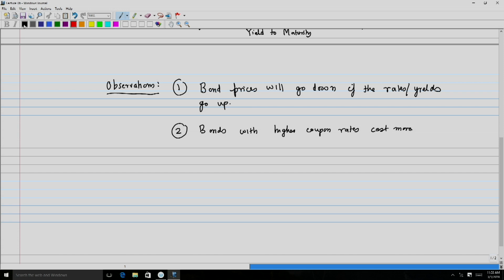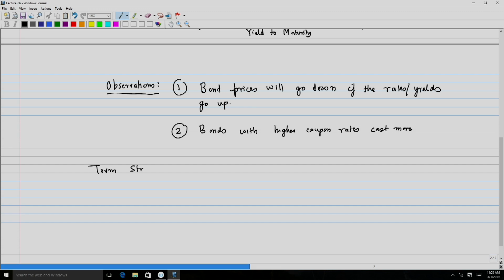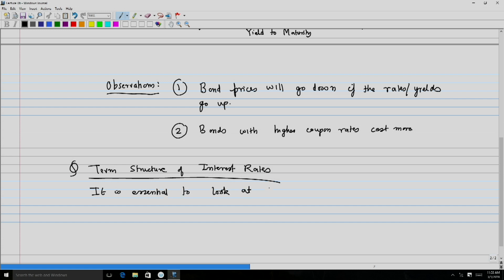So, the next topic we look at is the term structure of interest rates, and this brings us to the observation that it is essential to look at the rates for all maturities as they progress over time.